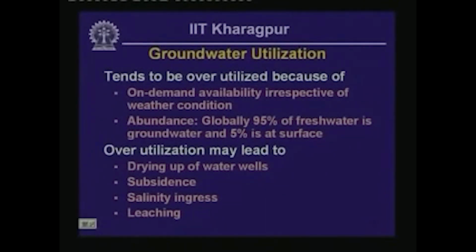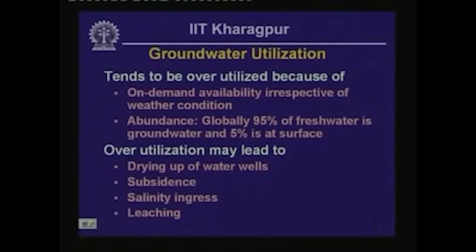If you overutilize groundwater resource, it could cause drying up of water wells, subsidence, salinity of soil, and leaching of harmful chemicals in some instances from the soil into the surrounding groundwater.